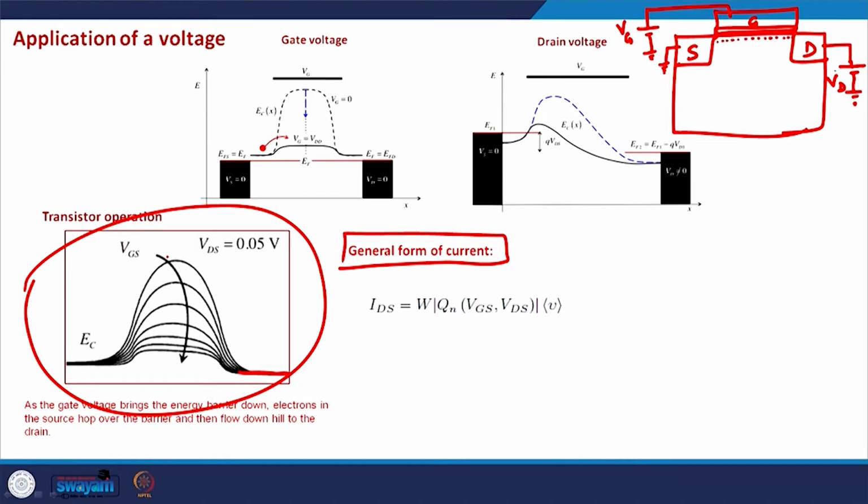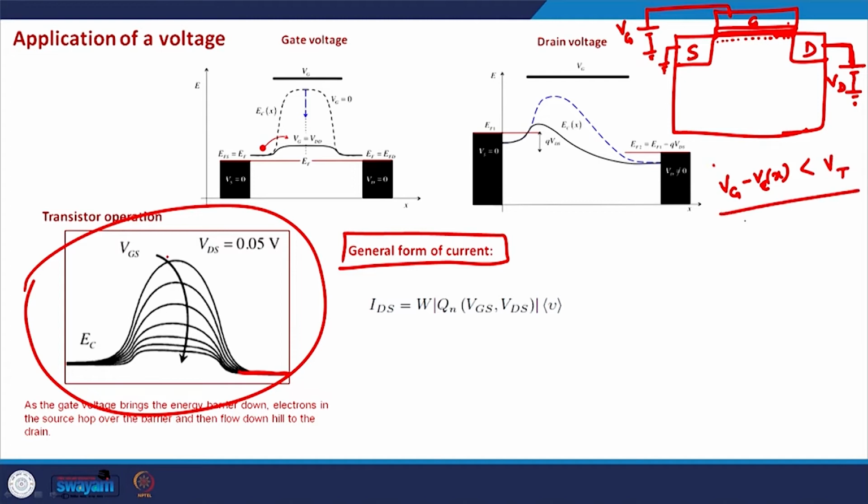But as we apply a drain voltage here, a drain voltage also creates a potential profile in the channel, which means that the net voltage difference between the gate and the channel, especially on the drain side, is now less. The voltage difference between VG and, let's say, VC, the channel, or let's call it Vx, on the drain side especially, might be less than the threshold voltage.